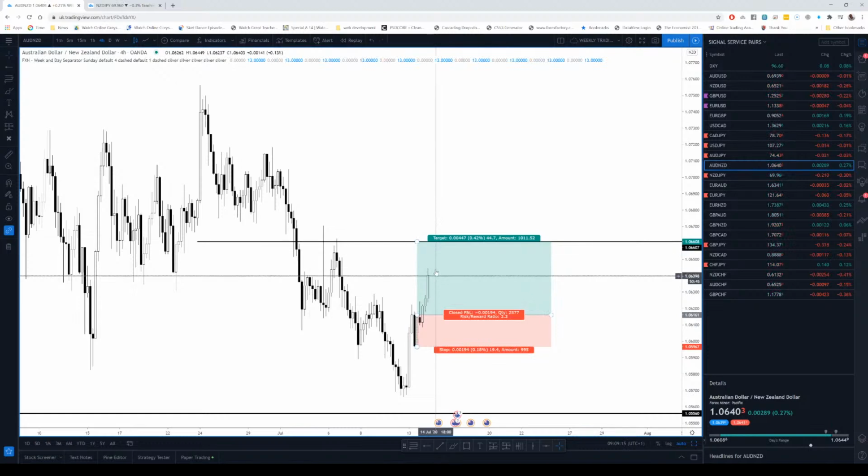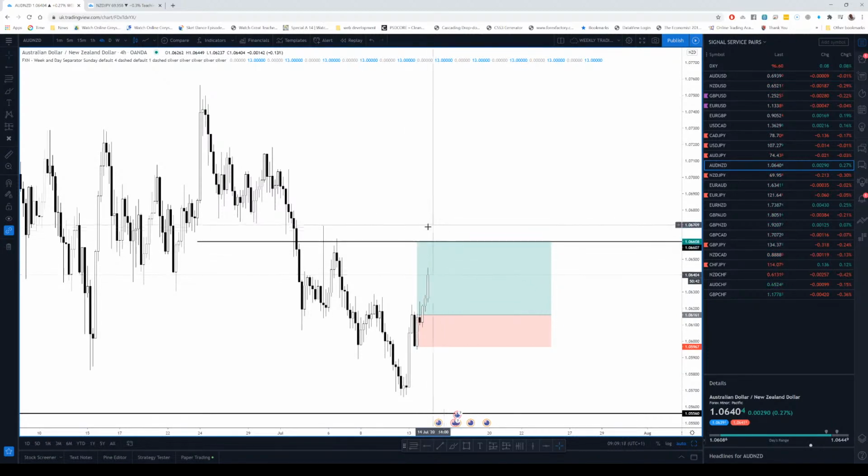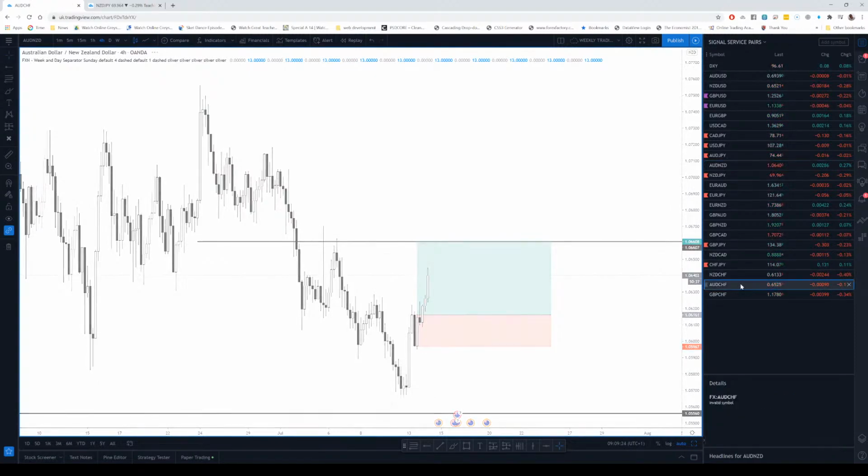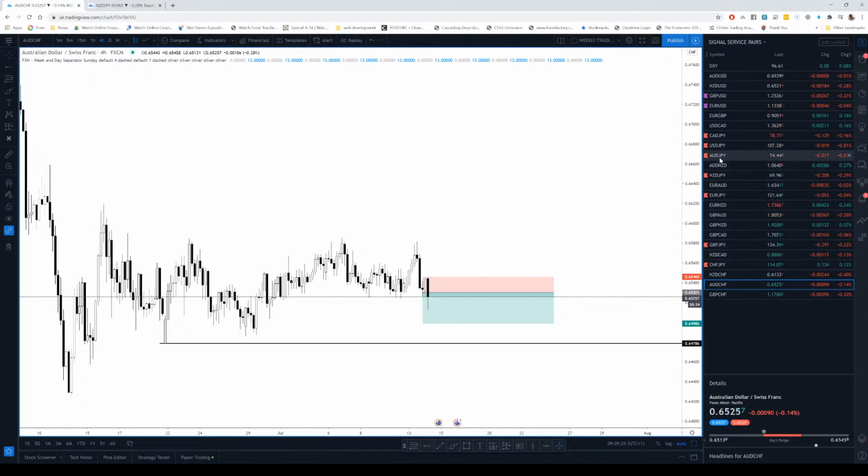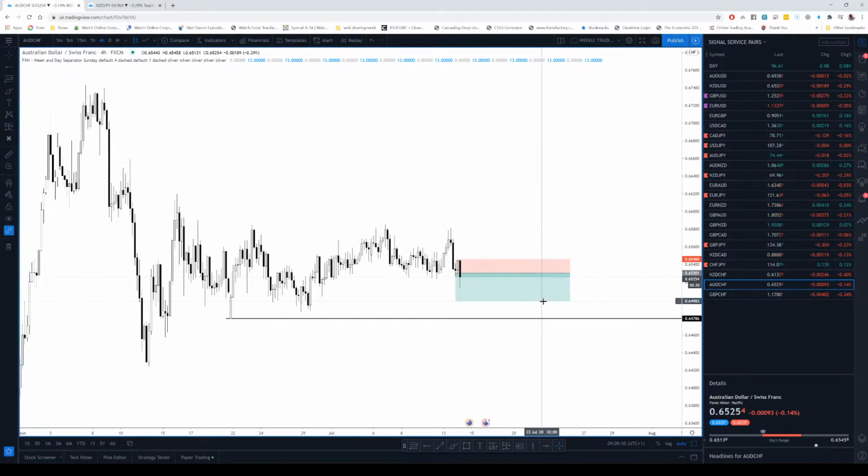Once we get up here, weakness will come in Aussie, and then the Aussie pairs will start dropping like crazy as well, like the Aussie yen, the Aussie Swiss. Those will also now drop.